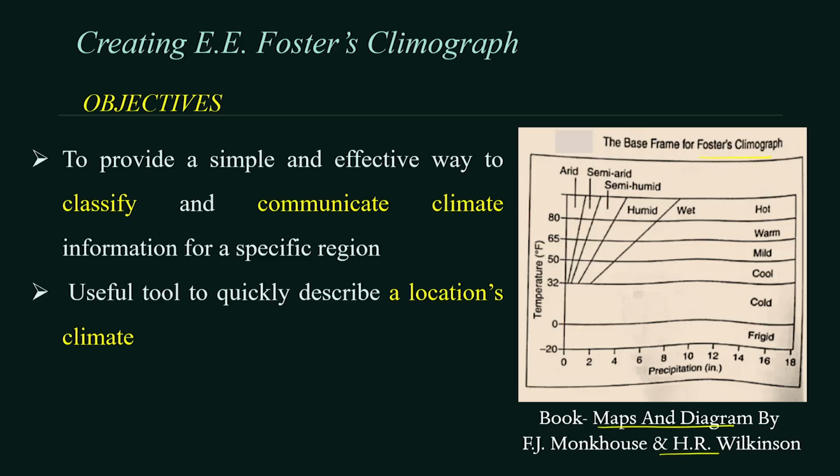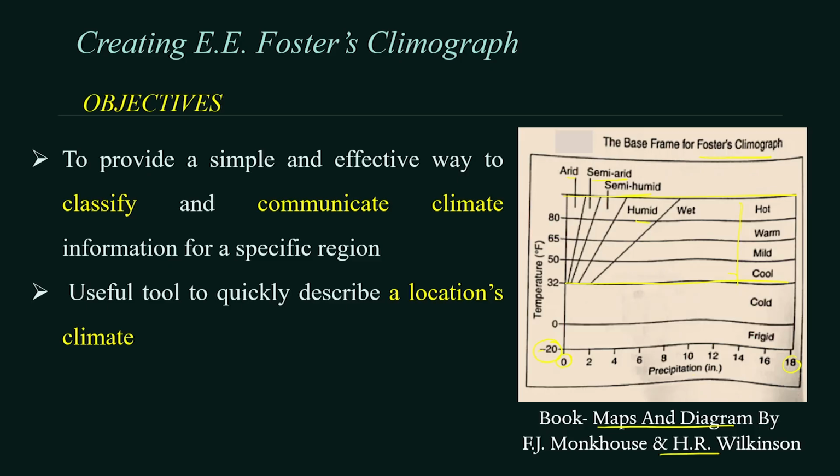You can see the limiting start point and end point, and the subdivisions of hot, mild and cool, arid, semi-arid, semi-humid and humid. The values start from minus 20 to 80 or say 100, and 0 to 18 for precipitation.